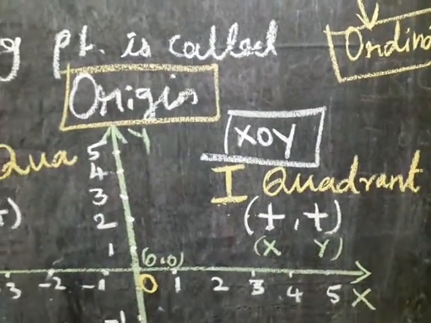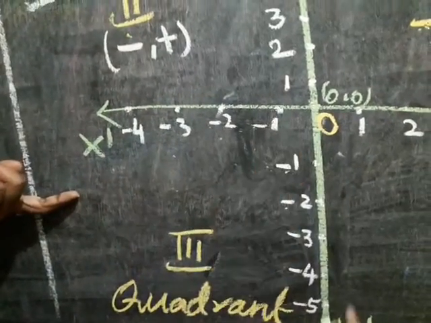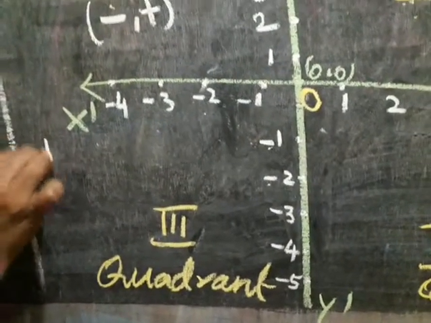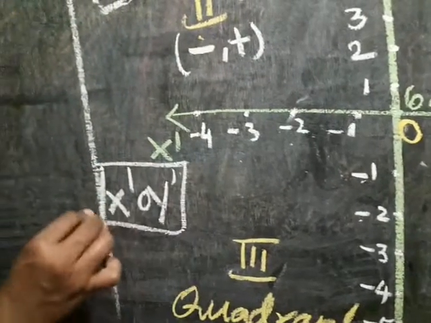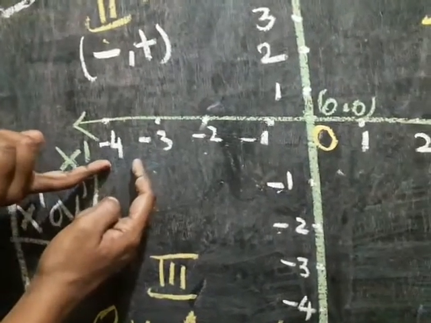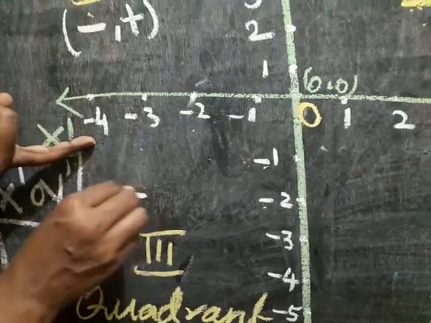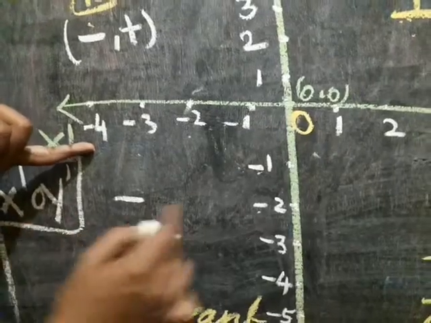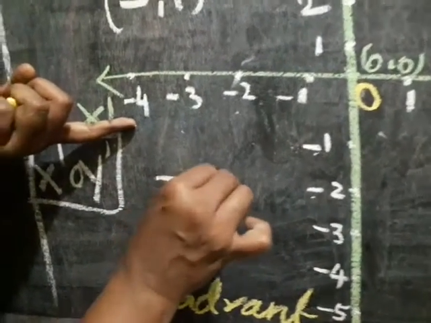Okay, and see the third quadrant. The third quadrant is x dash o y dash. See the sign. The x dash values, all the values are negative. So you put the negative symbol. And then the y dash value, that is also negative.